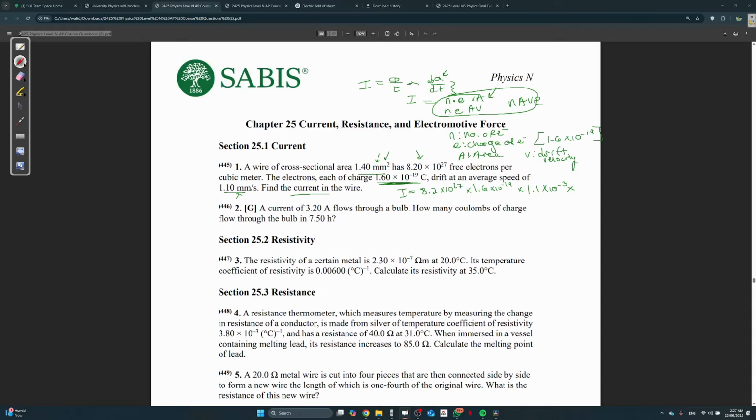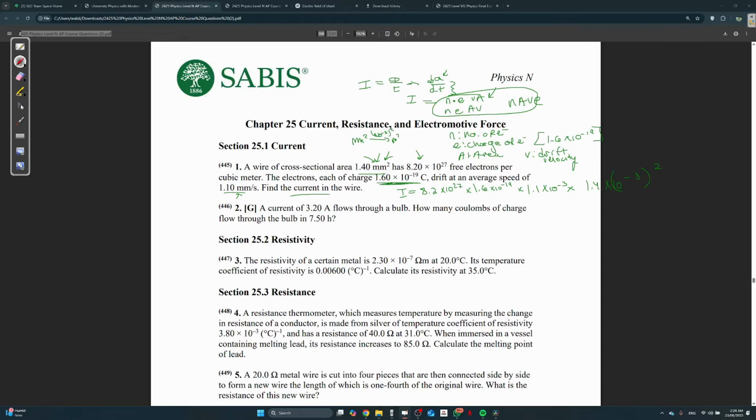A is 1.4. Again, we need to multiply that by 10 to the negative 3 squared. Why? Because you're going from millimeter squared to meter squared, so you have to multiply by 10 to the minus 3 squared.